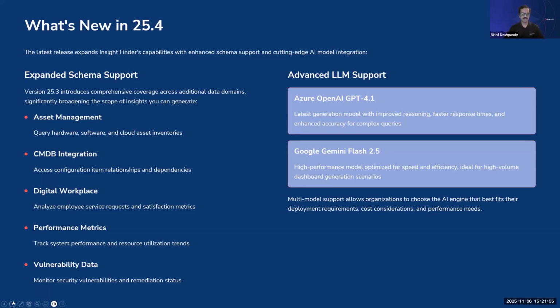Our biggest enhancement from 25.3 to 25.4, we have taken a giant leap in service management, what we support within service management. So now we've got all of incident management, problem management, change management. We've got work orders, tasks. We have CMDB and asset management, digital workplace.